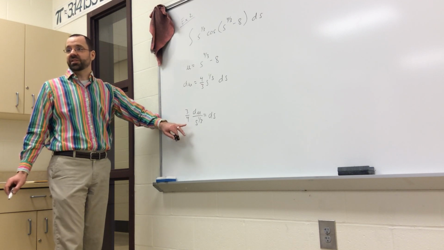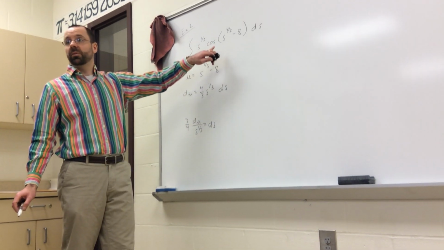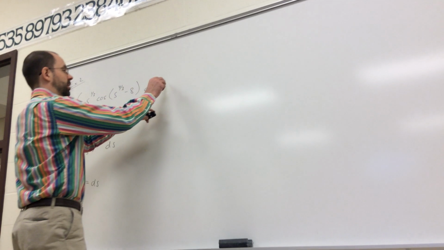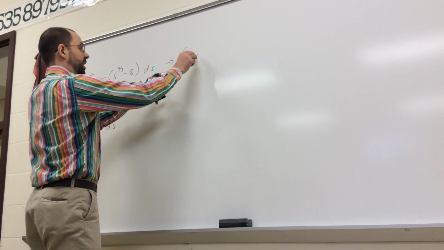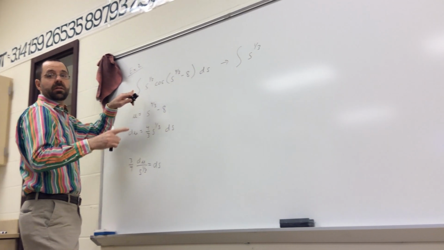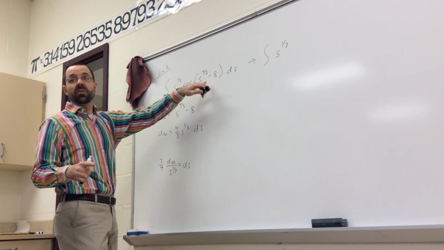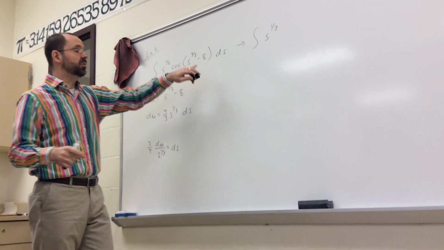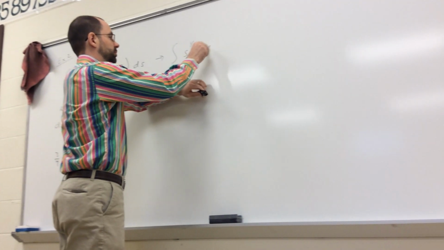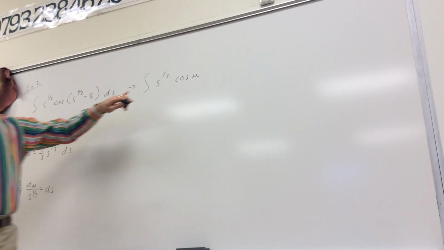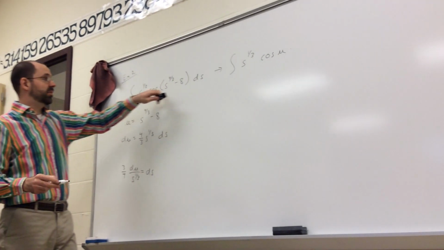So now I can translate. I'm going to take this problem and transform it into hopefully an easier antiderivative. The s to the 1/3, I'm not sure what that is, so I'm just going to recopy that. Then I have cosine of a mess, but the mess is u, so that's the cosine of u. So I've accounted for this, I've accounted for this.